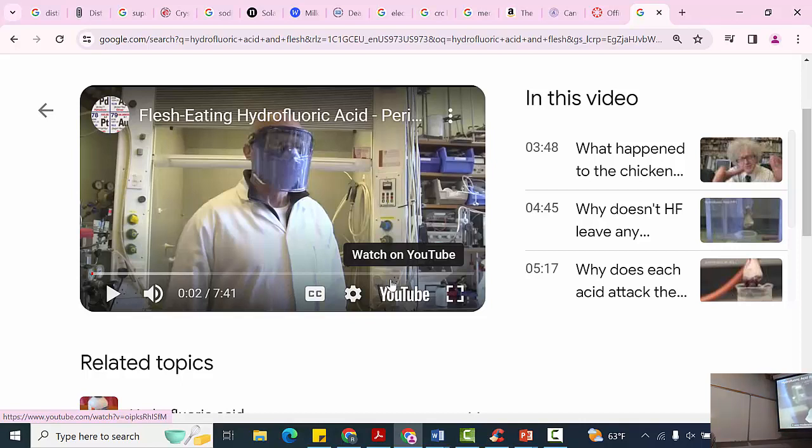It was moderately interesting what had happened below the surface, but really what was much more interesting to me is why the chicken leg in HF looked as if it was dead. And clearly what had happened is that some of the pigment, some of the red colour had been eaten away.